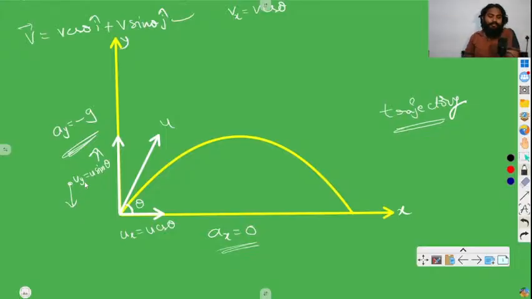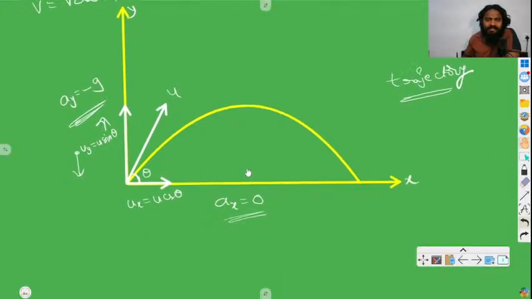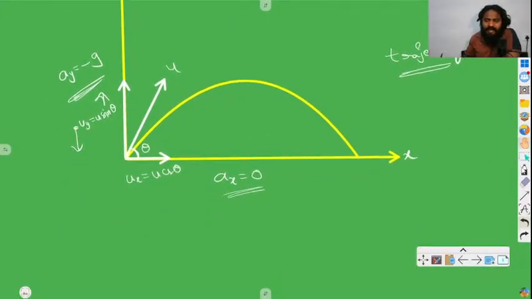This is the vertical component of the projectile and this is the horizontal component of the projectile. So now if you want to write the initial velocity in vector form, then you can write like this: u bar is equal to u cos theta i cap plus u sin theta j cap, right? This is the initial velocity vector of the projectile.